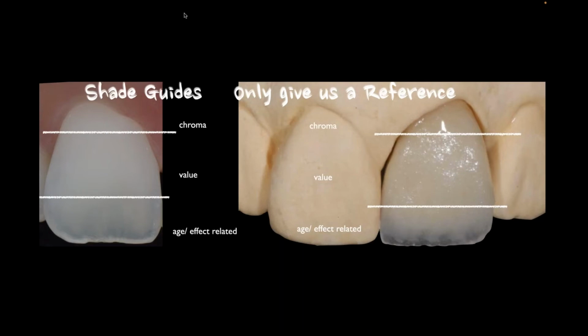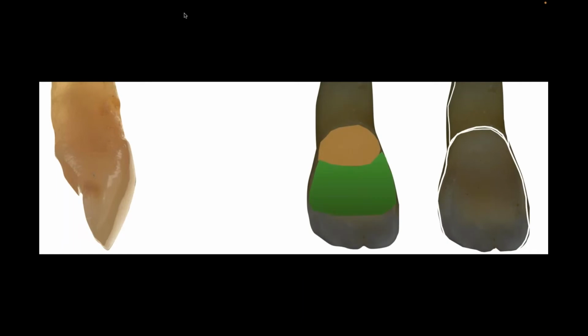So the standard for me is the chroma and the value. The incisal edge is really about the effect I'm looking to apply for that particular patient's age or the aesthetic parameters that you're looking for. The good news about this is the system that I use to look at color is very prominent in how I also see nature. And I think if you really look at the facial plane of that central, you'll notice right away that there are 3 planes. There's a cervical plane, where you see the most chroma.